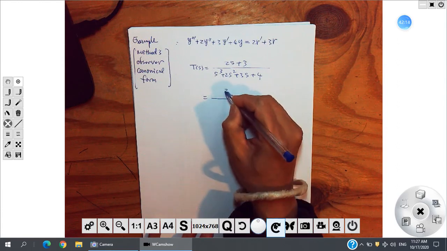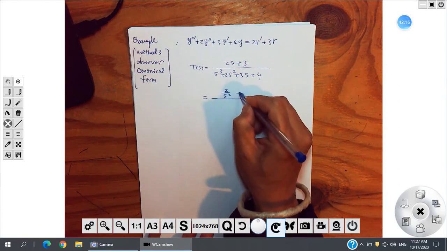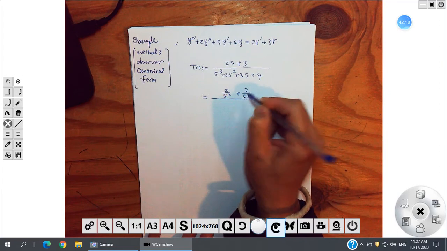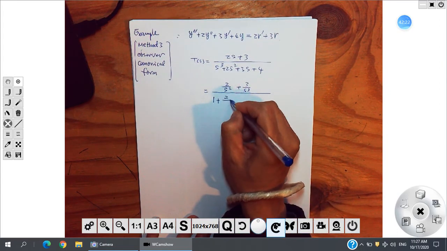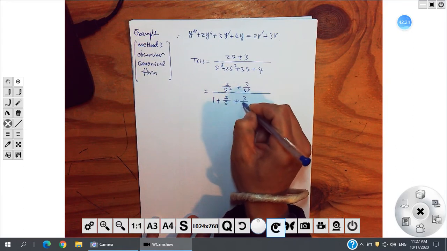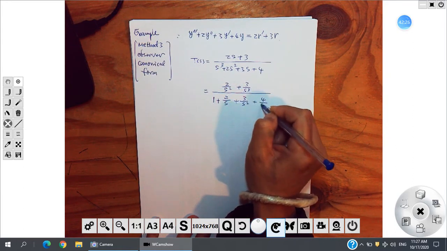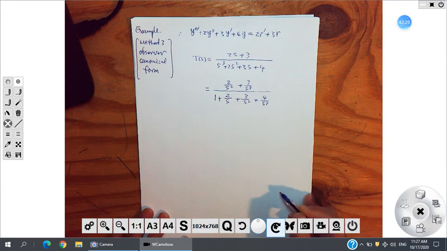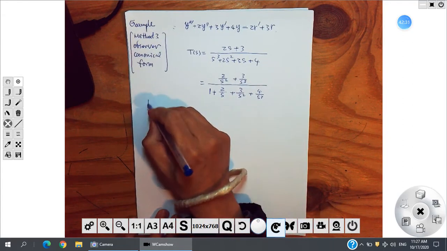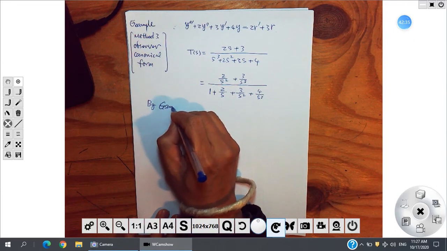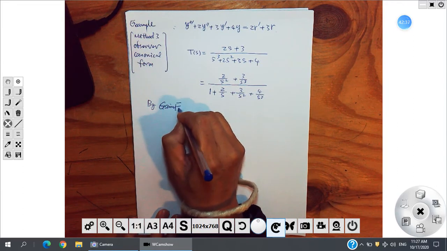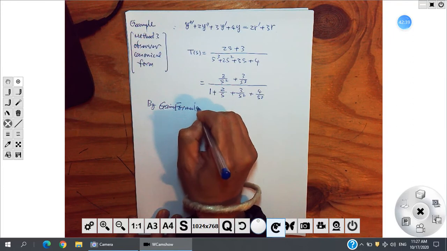I have 2 over s squared plus 3 over s cubed in the numerator, and in the denominator I have 1 plus 2 over s plus 3 over s squared and 4 over s cubed. Okay, then we use the gain formula. We have the structure.